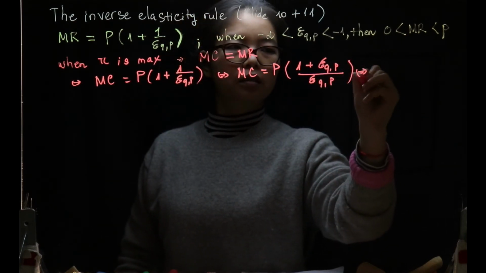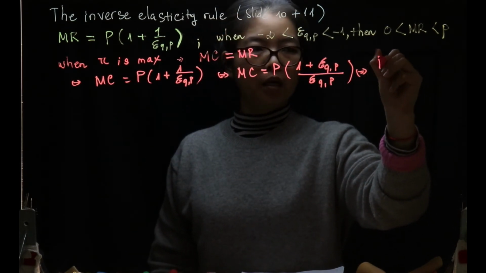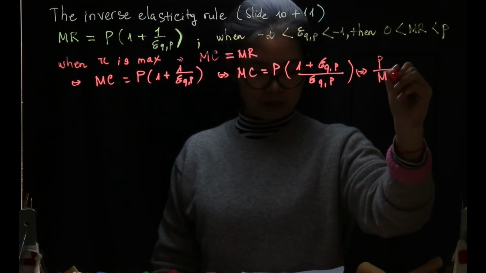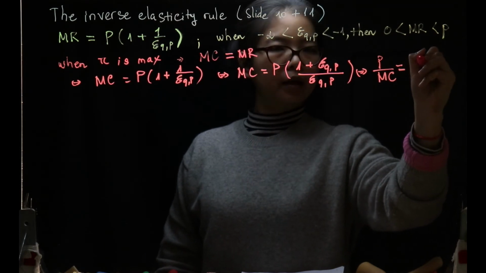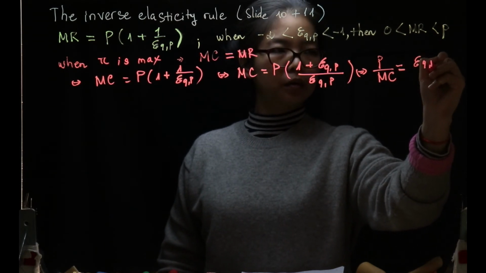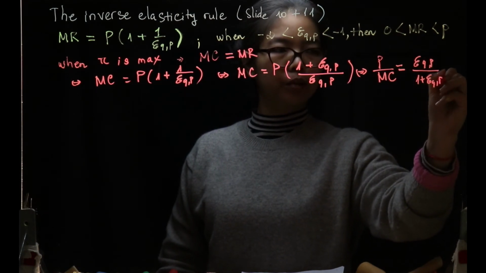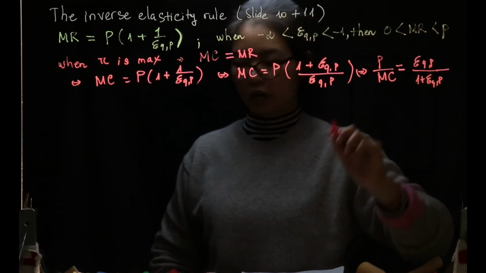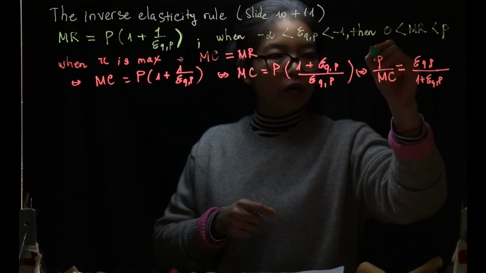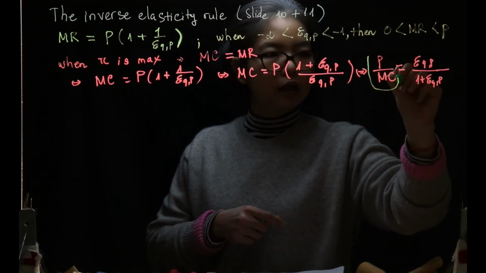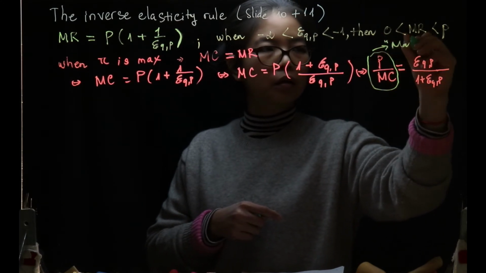And that is also equivalent to P over MC equals EQP over 1 plus EQP. Just cross multiply, nothing else. Now, this P over MC, there's a name. It's called the markup.